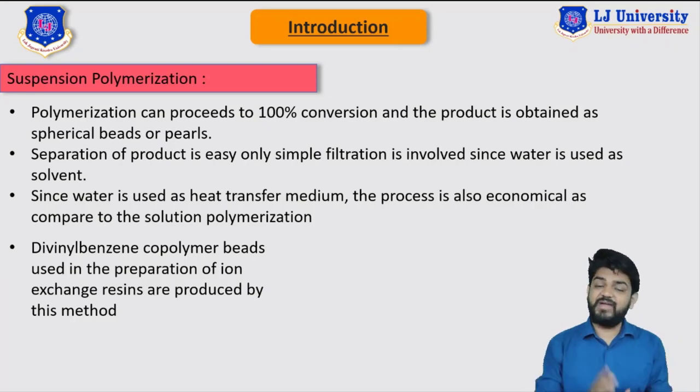So by this means we can easily separate our polymer product and the solvent, right? This is the main advantage of the suspension polymerization. The separation technique required for the separation of product and the solvent is very low cost and very easy. Just a simple filtration will do it, right?